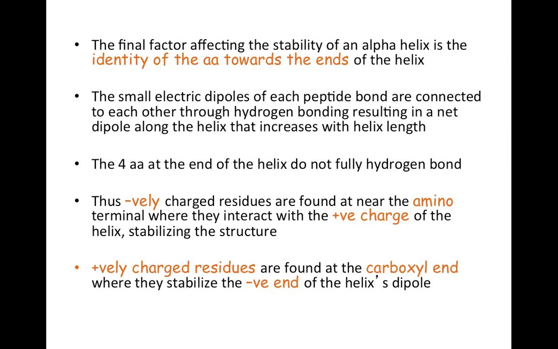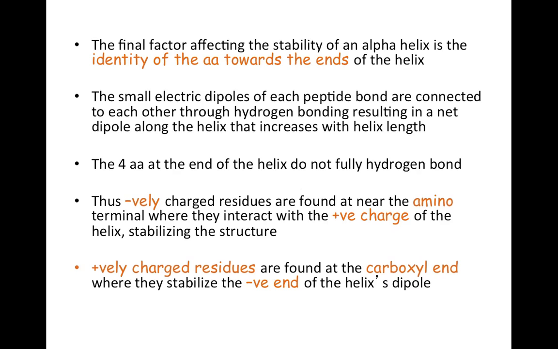The final factor affecting the stability of an alpha helix is the identity of the amino acid towards the ends of the helix. The small electric dipoles of each polypeptide bond are connected to each other through hydrogen bonding, resulting in a net dipole along the helix that increases with helix length.